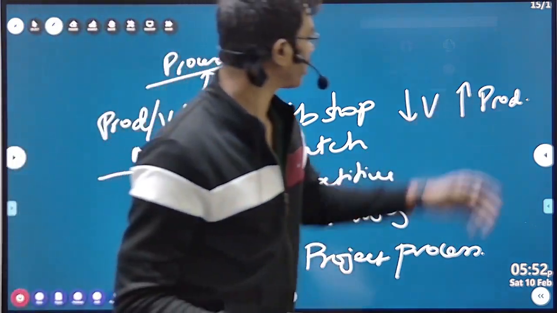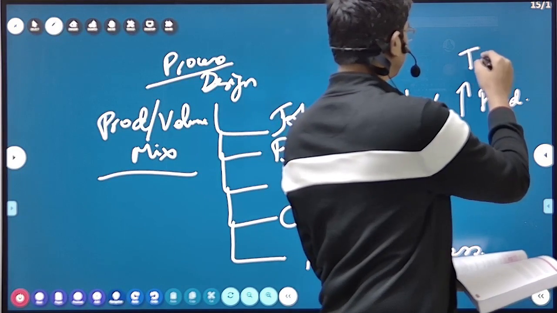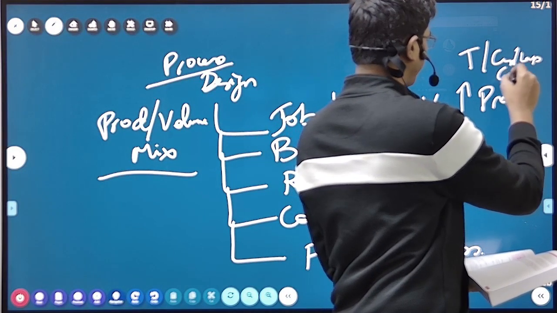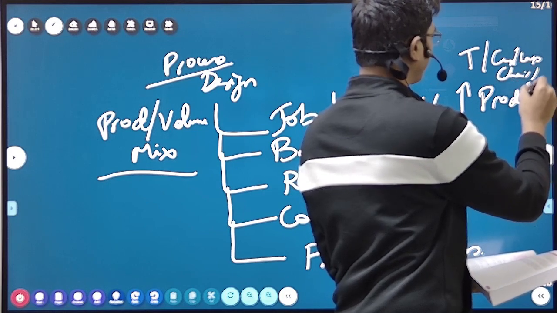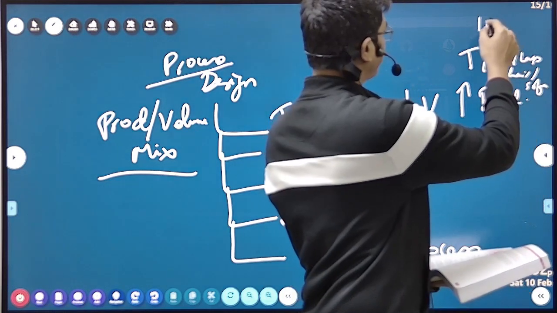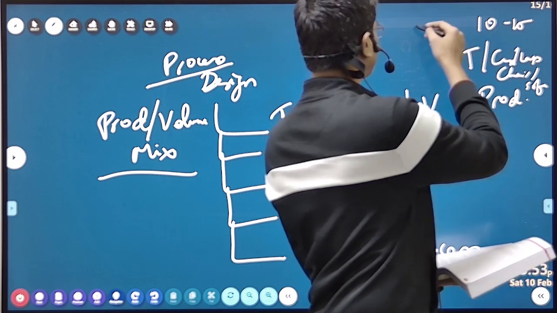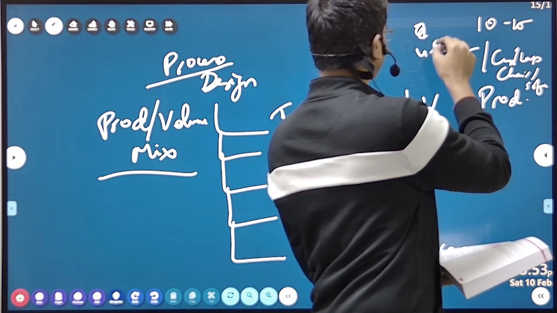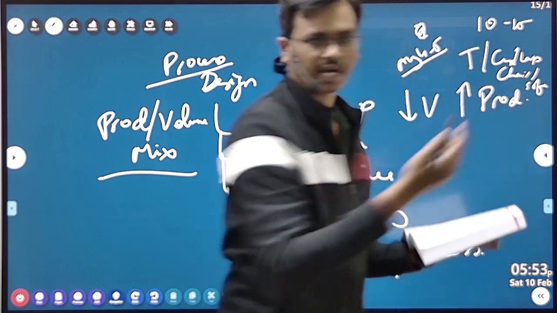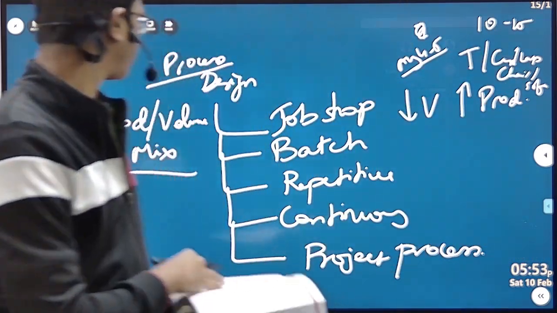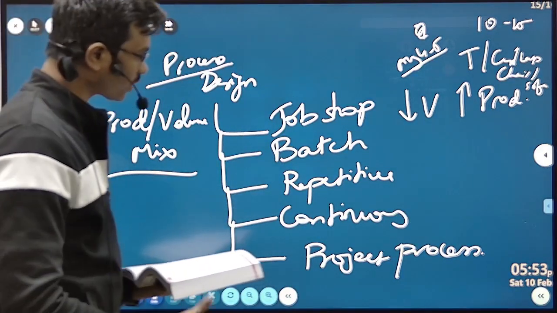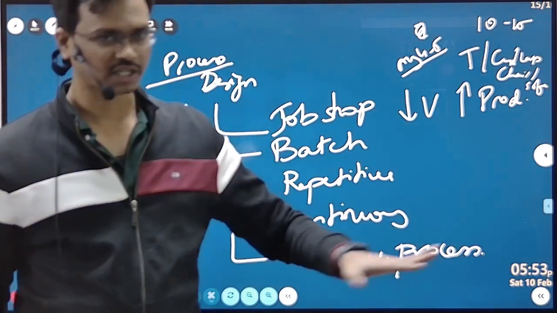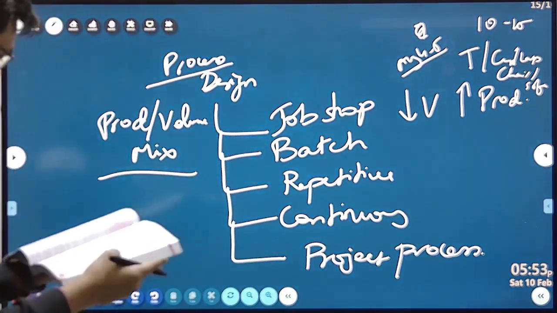You have tables, cupboards, lamps, chairs, sofa, so 10, 15 products, but the volume is very little, an average of 4 to 5 per item. So this is a job shop. You need more skilled people, each item is manufactured and then shipped out. So that is a job.